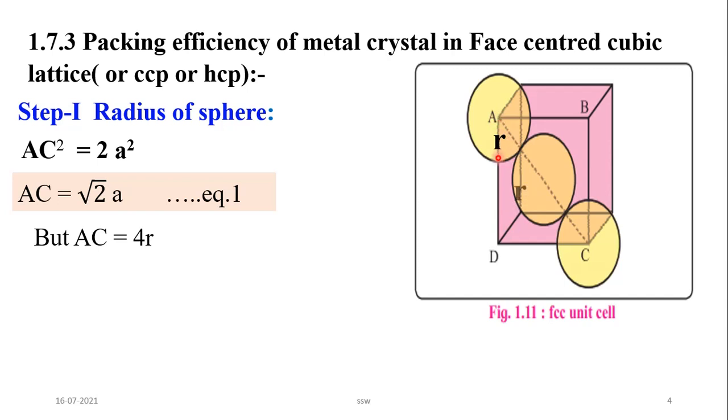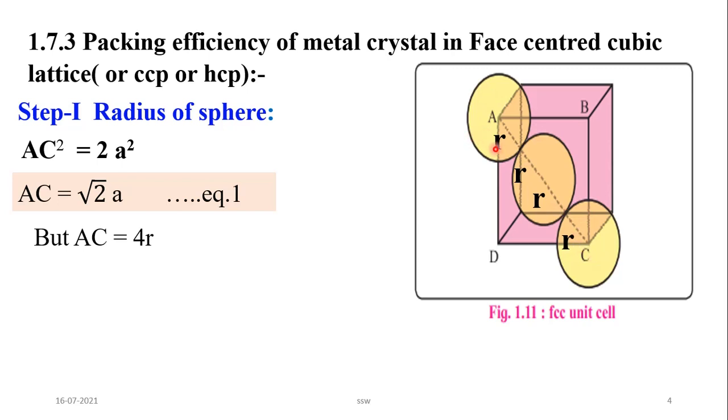Like that, the radius of this sphere is r, so the diameter of this sphere is 2r, and the radius of this other corner particle is also r, because all these spheres are considered the same type and equal size.